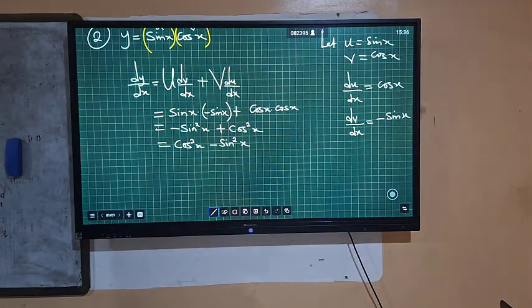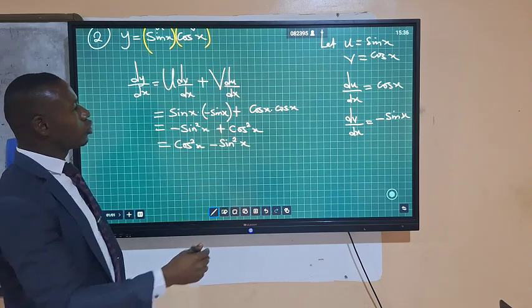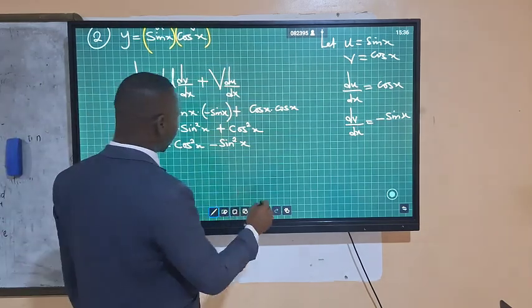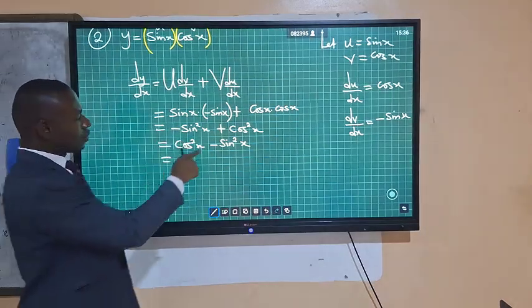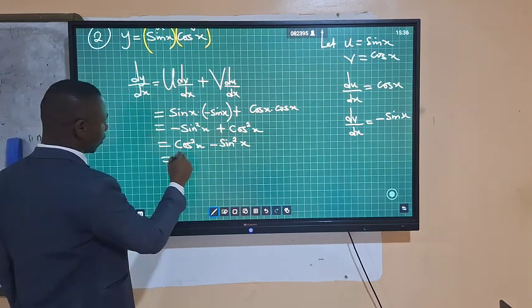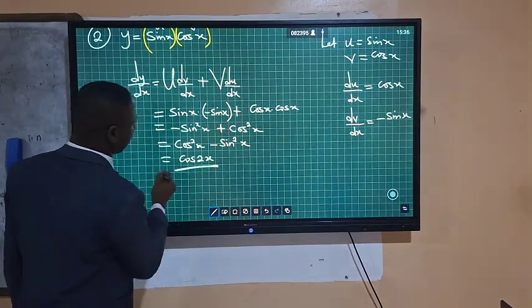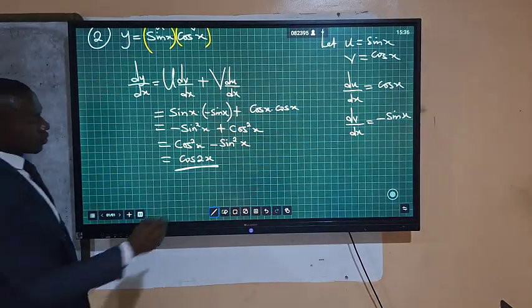So, if you can recall from your trig identities, cos square x minus sine square x will give us nothing but cos 2x. And that's the final answer for that function.